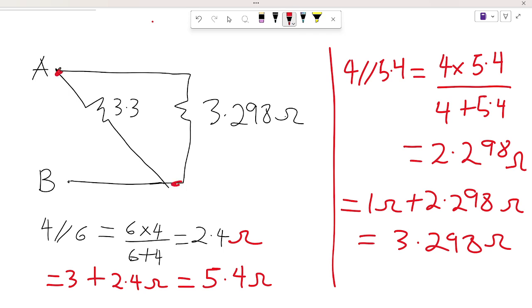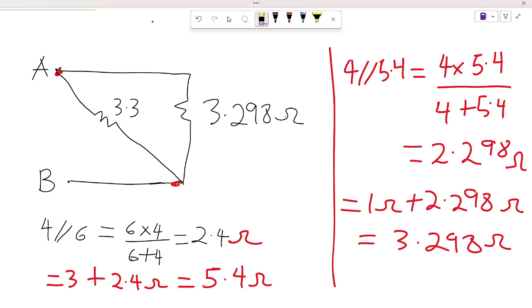Oh, sorry, my line wasn't joined properly. Okay, so there are nodes present, and our 3.3 ohm and our 3.29 are in parallel.